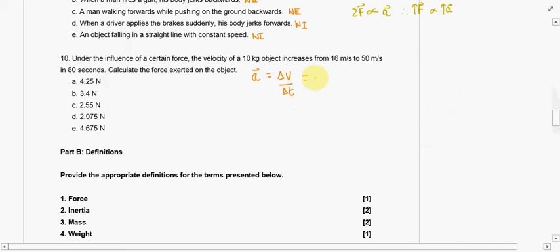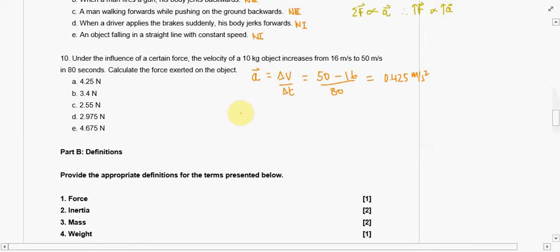Change in velocity is the final velocity, 50, minus the initial velocity, 16, and the change in time was 80, which gives me an acceleration of 0.425 meters per second squared.